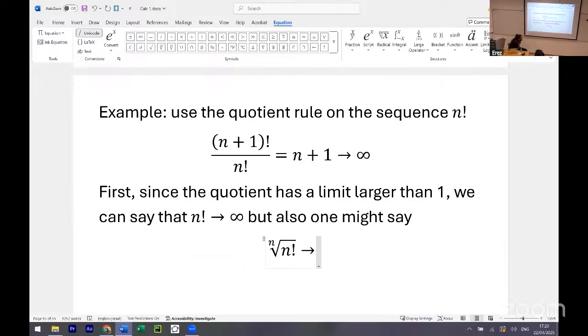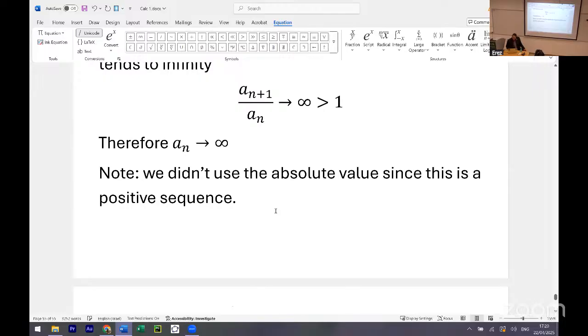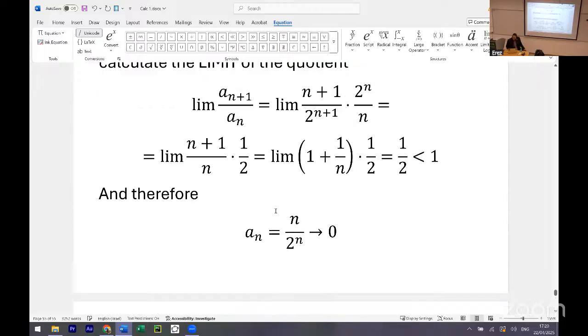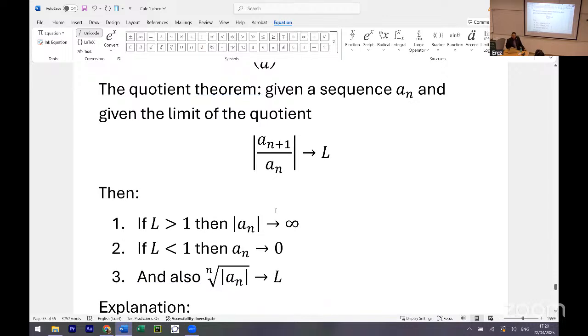The rule said if the quotients tend to L, the root also tends to L. That's what the rule said. It's one of the things it says, but the quotient rule says if the quotient is L, the n root also goes to L. Agreed?